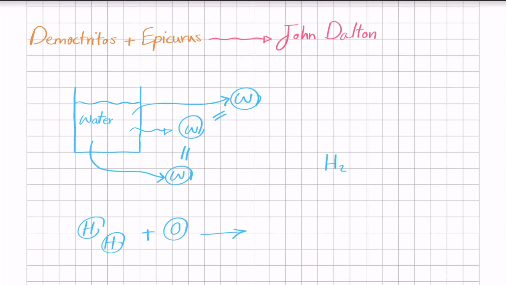Today we know that hydrogen molecules are H2 and oxygen molecules are O2, but Dalton was not aware of this. And because of this, he assumed that hydrogen and oxygen gases are monoatomic. And all of these together made this conclusion for him that the formula of water is something like HO, which today we know is not accurate.